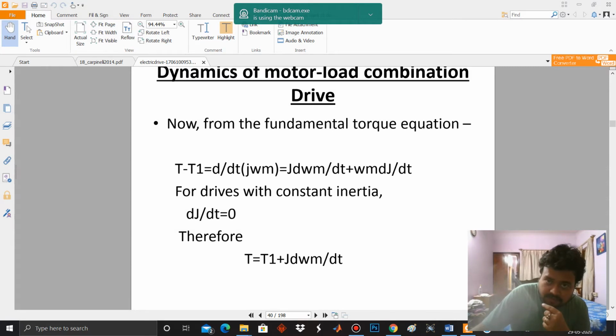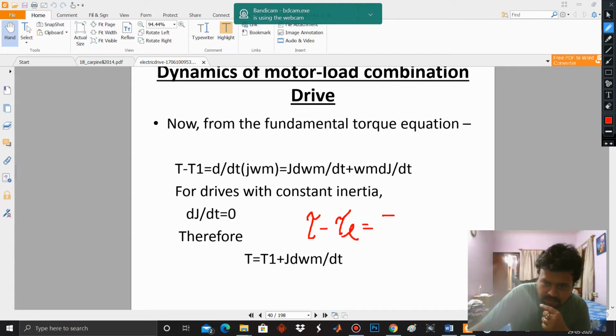Now if I try to represent it like this, tau minus tau L is equal to J d2 theta/dt2. So theta is the angular displacement.